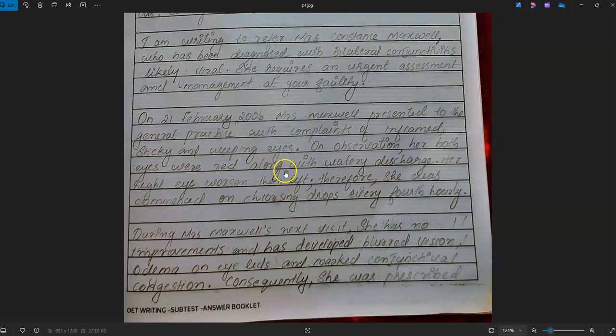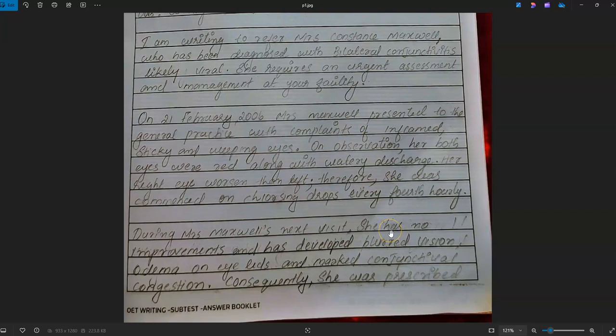During Mrs Maxwell's next visit, she had, not past perfect, simple past, because it's still in the past. So you've got visit 1 in simple past, and then we're connecting this. She had no improvements, or she showed no improvements. That's the next visit.